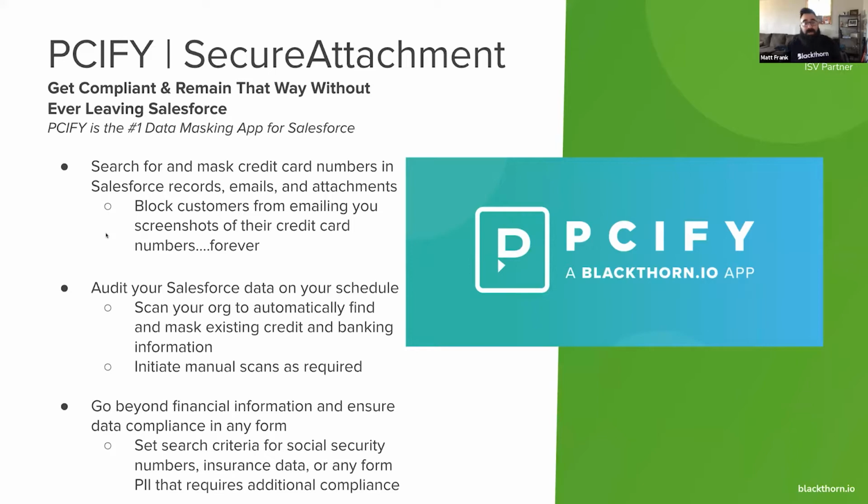You may have also heard that Blackthorn acquired a really cool new company called PCI-Fi that has two apps on the App Exchange. There's the primary PCI-Fi app as well as Secure Attachment. Together, these allow you to search for and mask or delete, depending upon your business operation, any PCI or PII related data that is stored within your Salesforce environment.